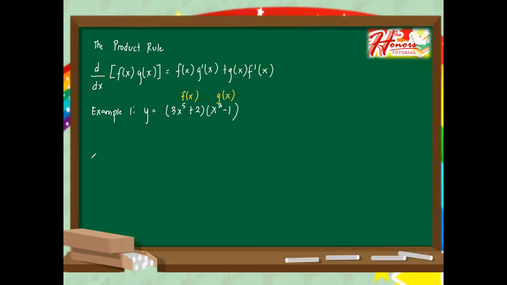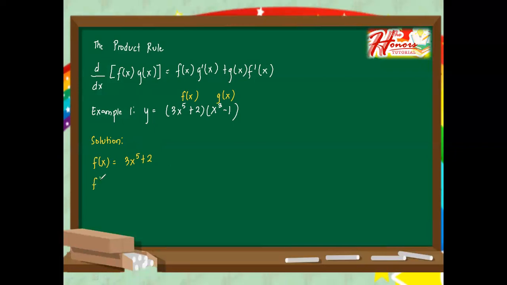So now, let us have our solution here. And then let's have f of x. For f of x, we have here 3x raised to 5 plus 2. And then after that, let's get the derivative of it, the first derivative.